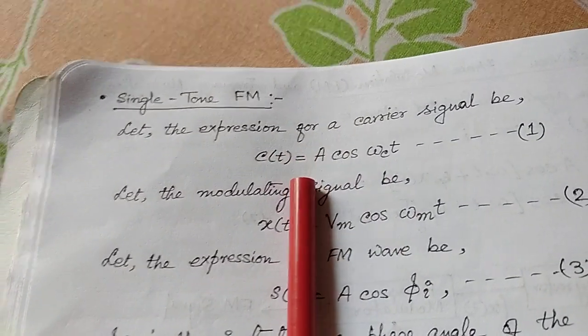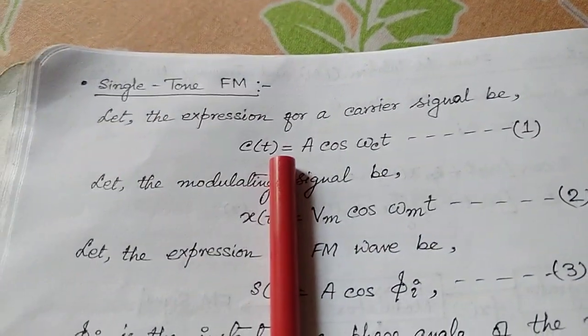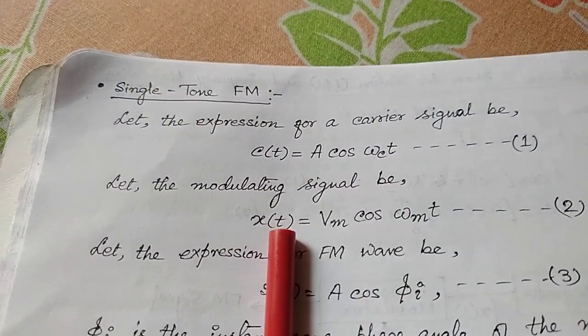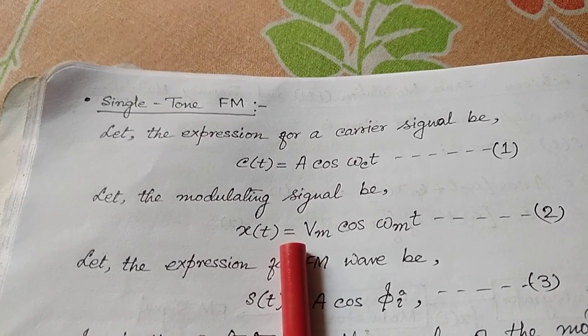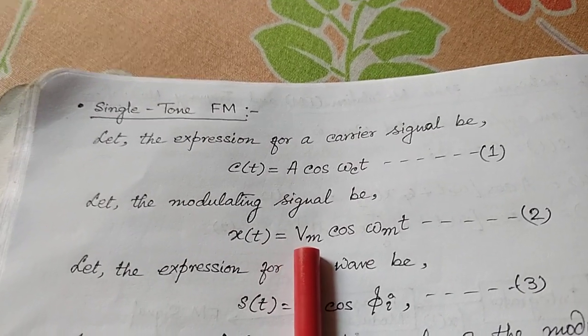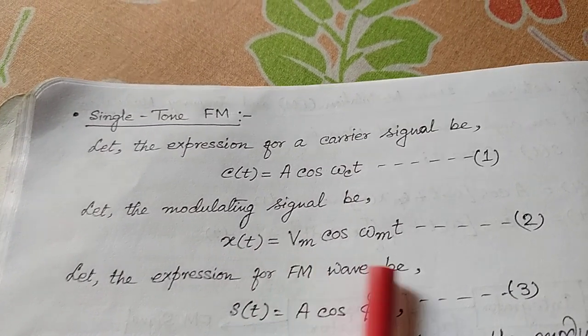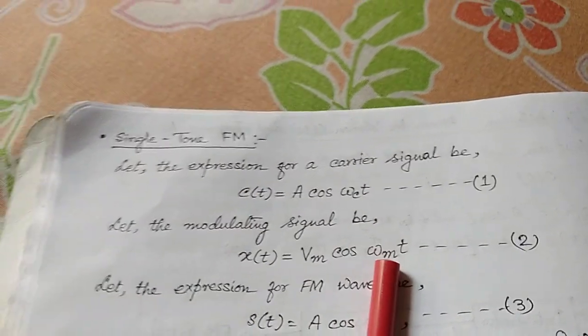Let's consider the carrier signal. The unmodulated carrier signal is A cos ωc t. The modulating signal or message signal is x(t) equals Vm cos ωm t, where Vm is the maximum amplitude of the message signal and ωm is the frequency of the message signal.